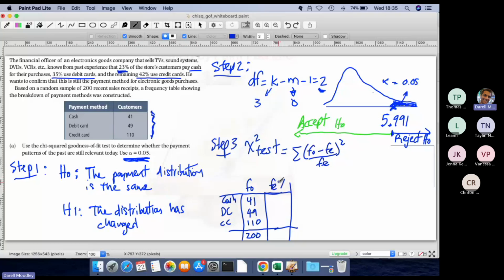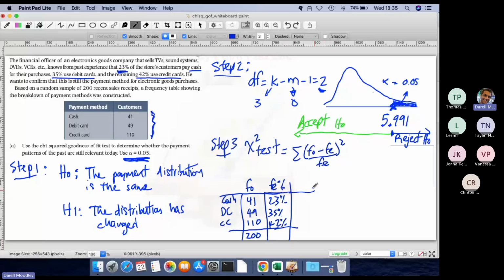Your percent for cash is 23%. For debit cards, it's 35%. And for credit cards, it's 42%. That's the expected frequency.